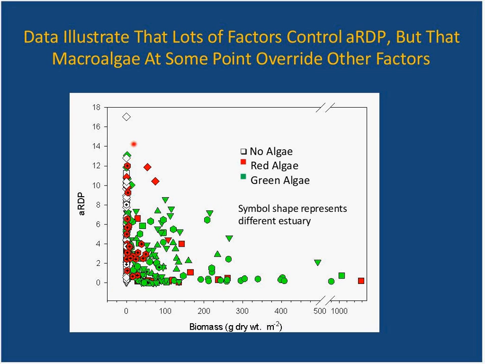It's really important to understand that the data are showing that at low levels of biomass you can get a pretty large range of ARPD, but at some level of biomass of macroalgae, biomass begins to override other variables and really bring that ARPD down to zero.